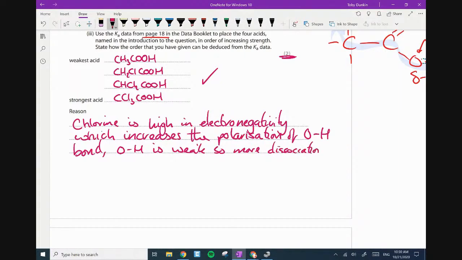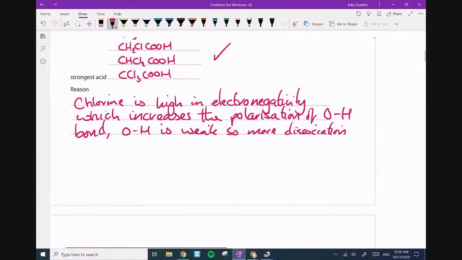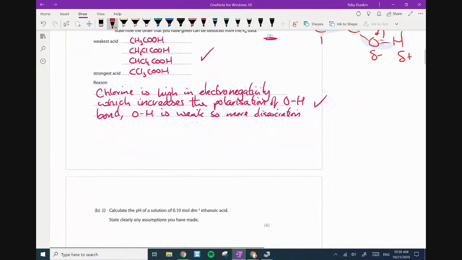It's only 1 mark, but you can decide whether or not you want to give it to yourself. If you're not giving it to yourself, just make sure you make those adaptations.